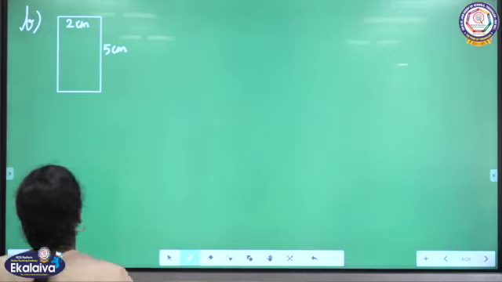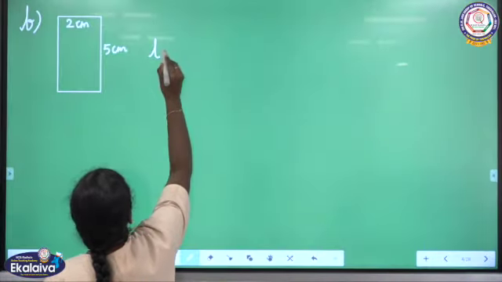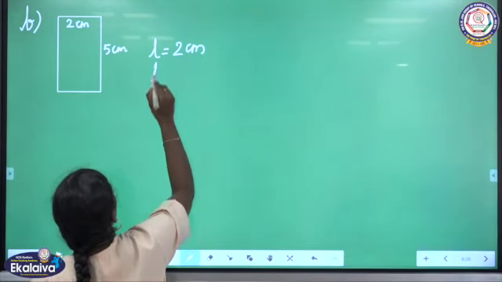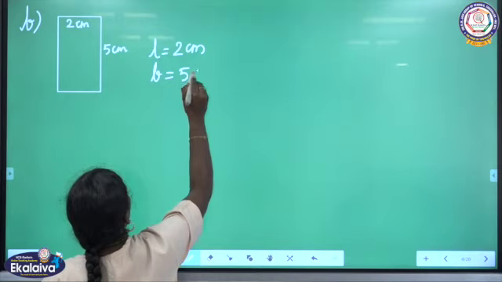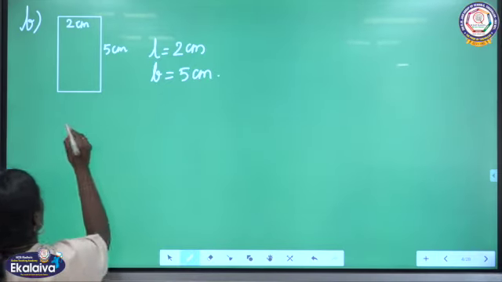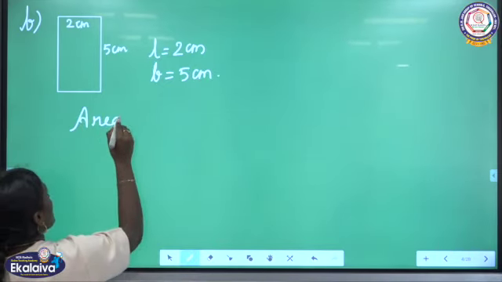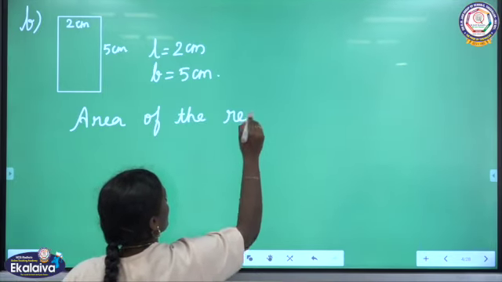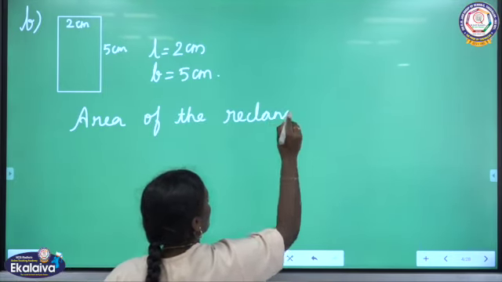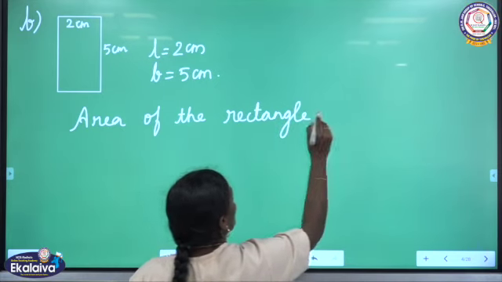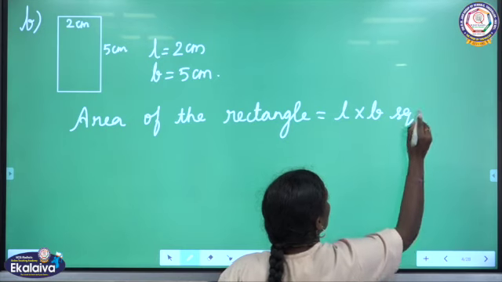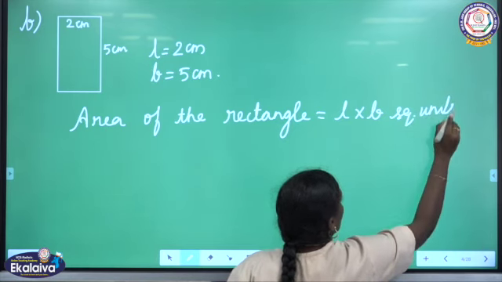Then the second one, here also this is a rectangle shape. Length is equal to 2 centimeter and breadth is equal to 5 centimeter. First we have to write the formula. Area of the rectangle is equal to L into B, length into breadth square units.